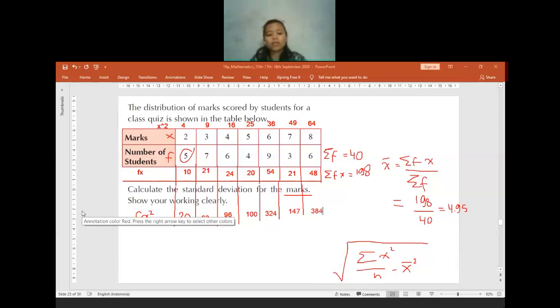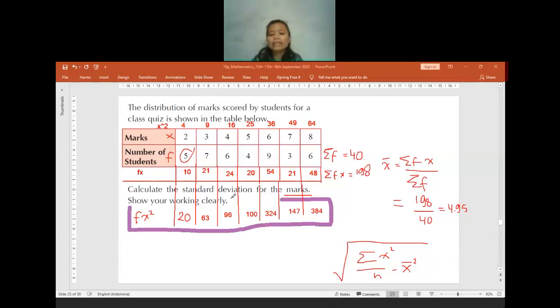Is there anyone who gets a different value from me? Maybe I mispressed my calculator or something. You can tell me. No. So now we already have the fx square. From these values, we can find the sigma fx square. How many is the sigma fx square?